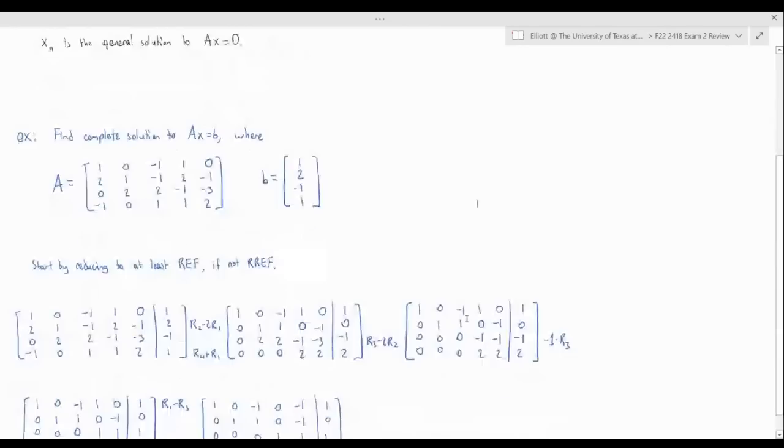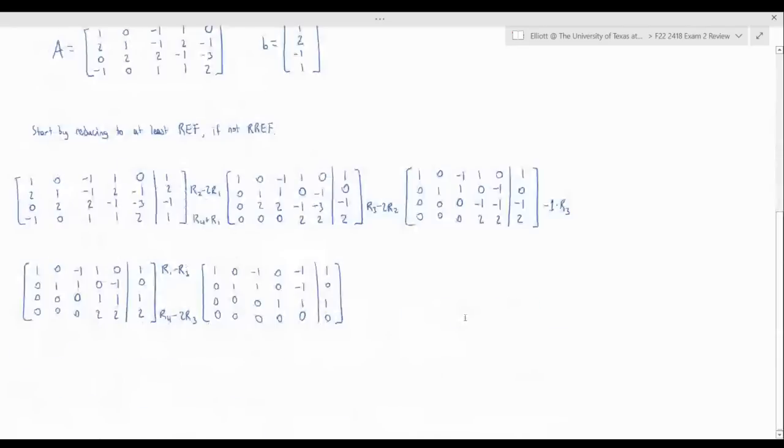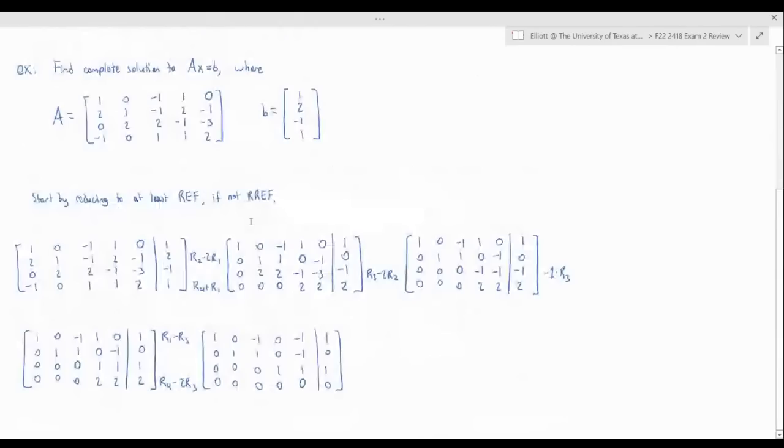And here, what I've done is I've gone ahead and set up A augmented with b, and I thought it would be good if I saved some time by just doing all the row operations ahead of time, okay? So here's the final result that I got.